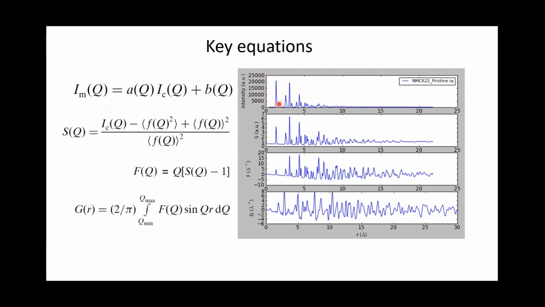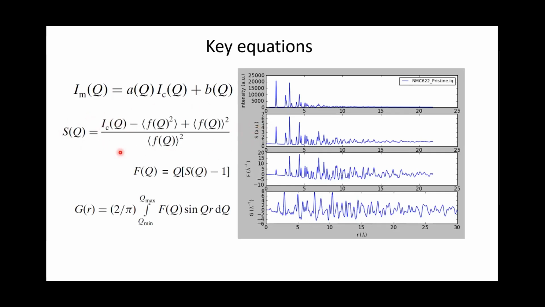Then you arrive at this kind of intensity data, which is basically the intensity as a function of 2 theta or Q. And then we have this kind of S(Q), which is shown here. So this S(Q) is a function of Q, and it's defined in this way.